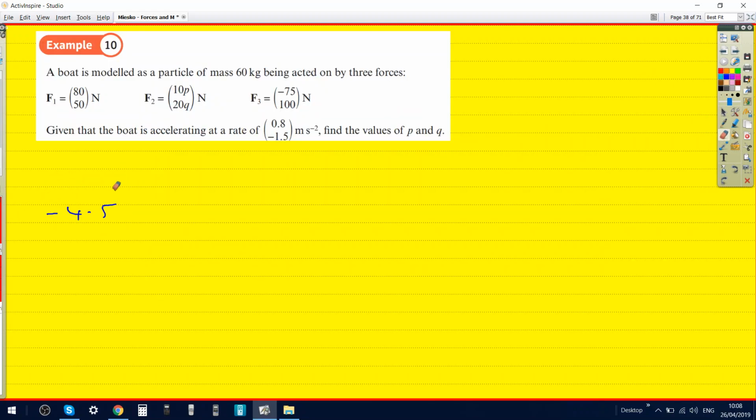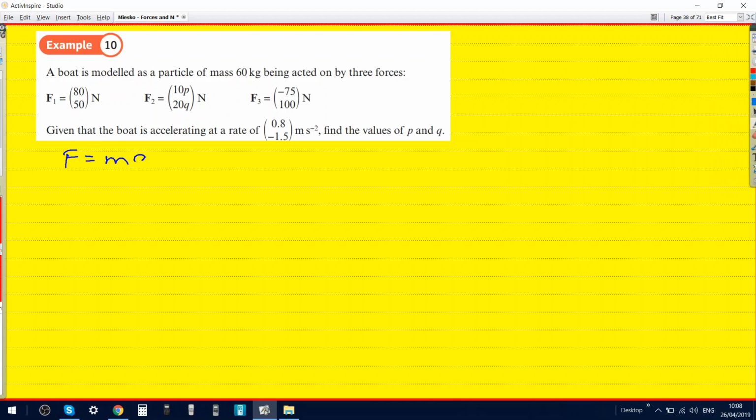So what were you thinking for this one? So F equals MA, and then I just did 60 times the acceleration.